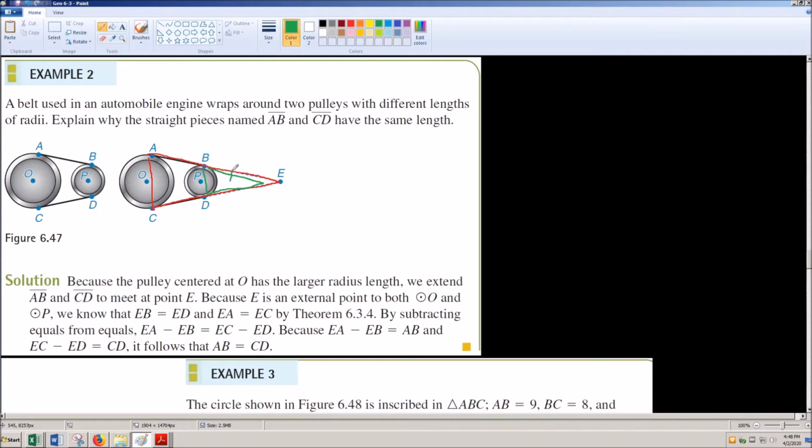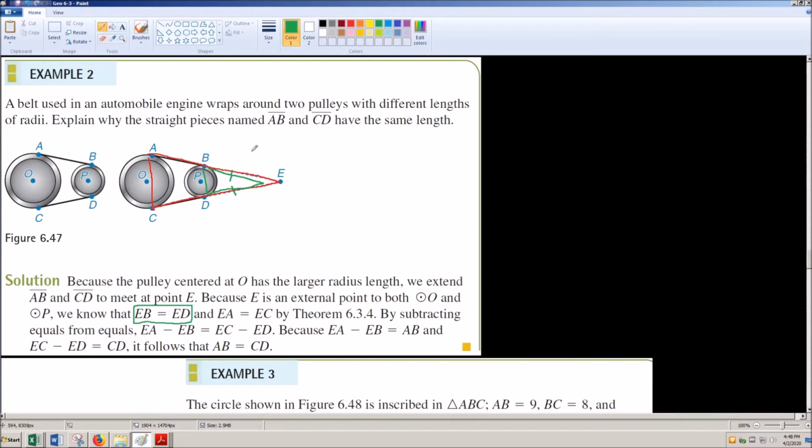So I'm going to mark this just one tick in green. And so if I know that to be true, I know these angles are the same, and I know some other stuff about it. So again, our external point, just based off what we just did, is going to be establishing these two segments are congruent.